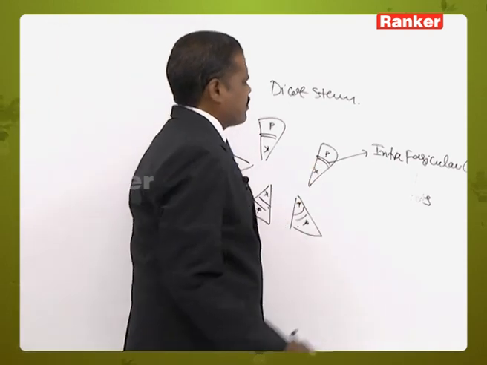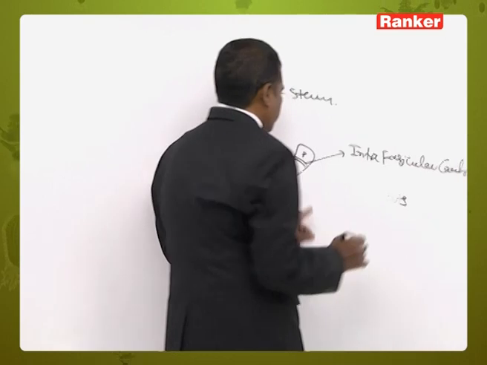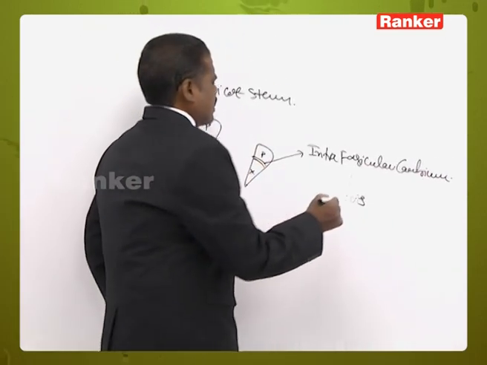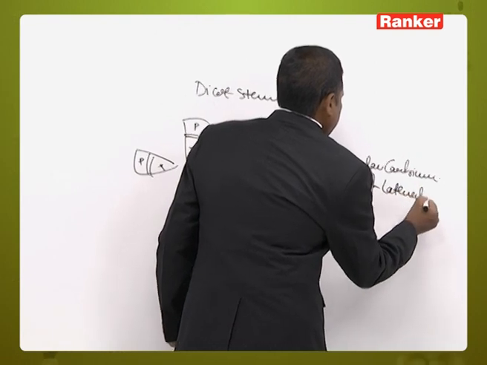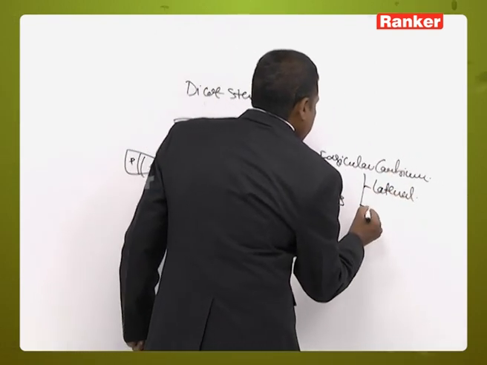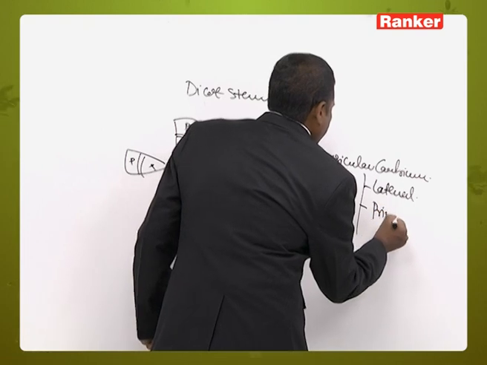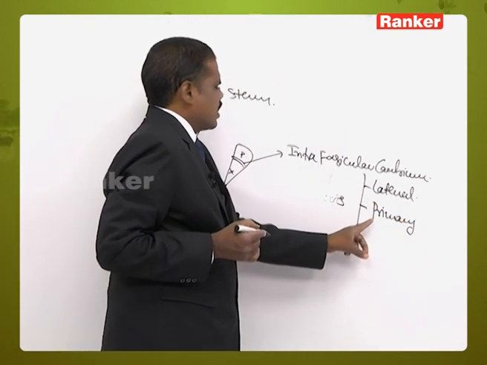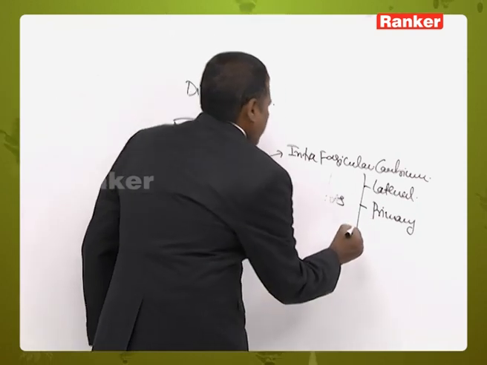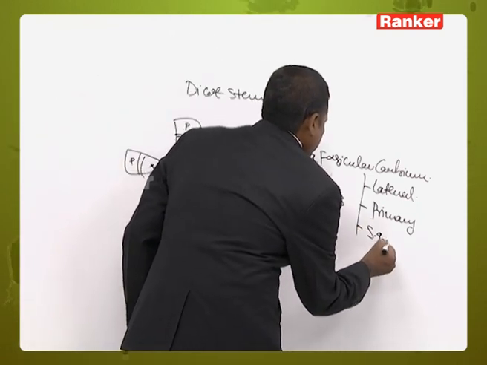Intrafascicular cambium position is lateral. Lateral in position, whereas origin is primary. Position is lateral, origin is primary, function is secondary growth.